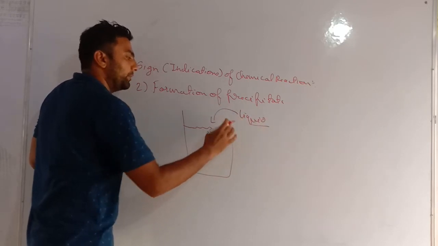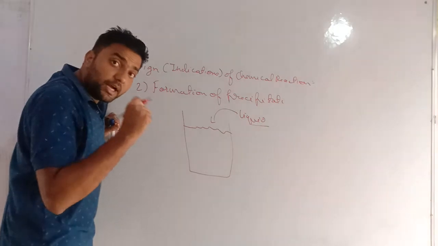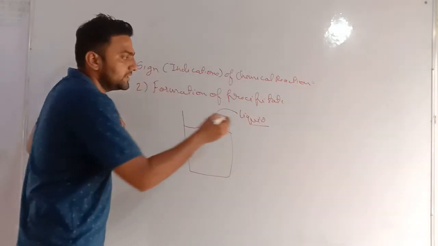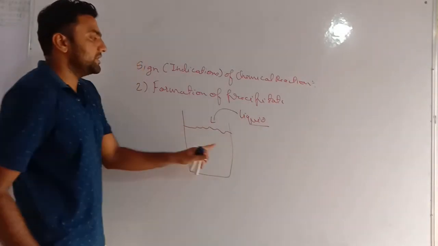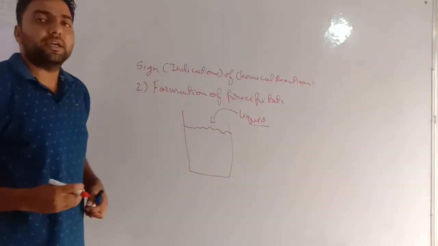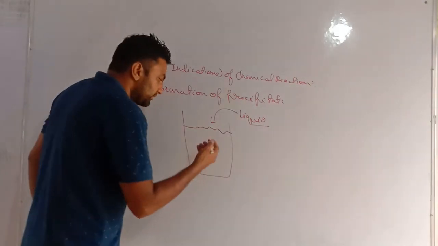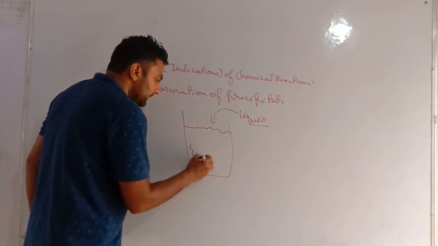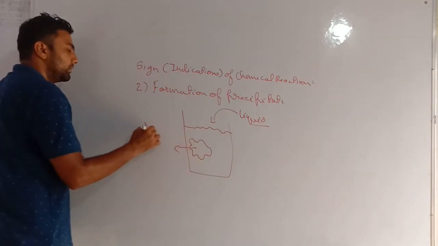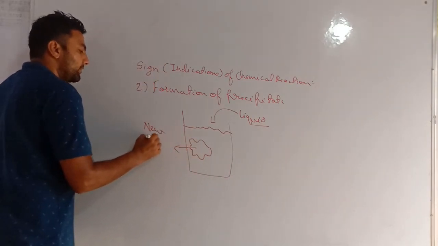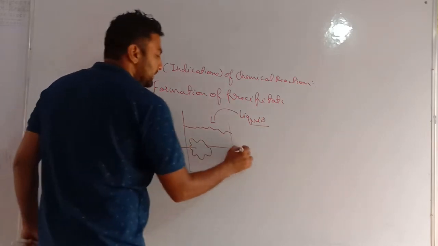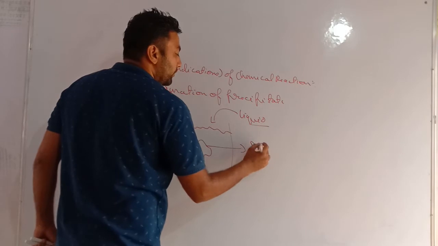This liquid and liquid mix with each other. After mixing, a chemical reaction takes place. This is substance 1, this is substance 2, these are two reactants. When they come in contact, they do a chemical reaction, and after some time I found that there is a new material. New material I have found, it means chemical reaction has taken place, but this new material is not dissolving.